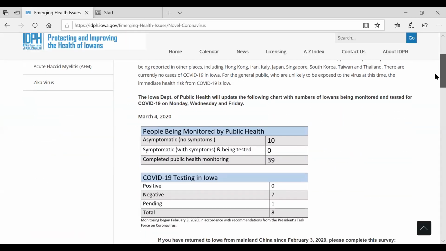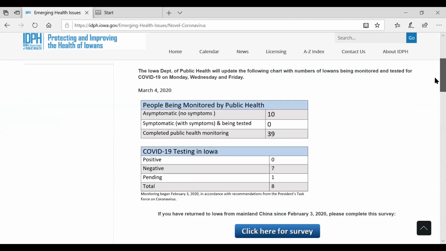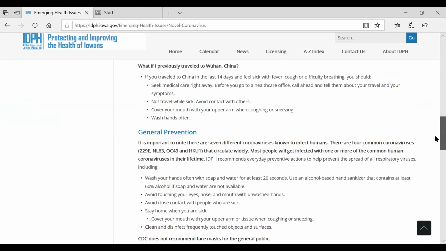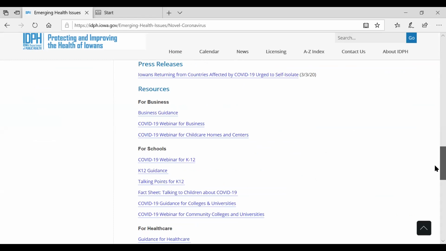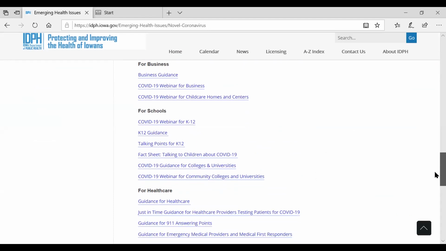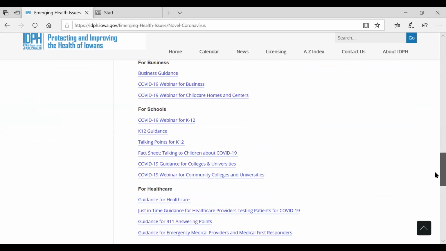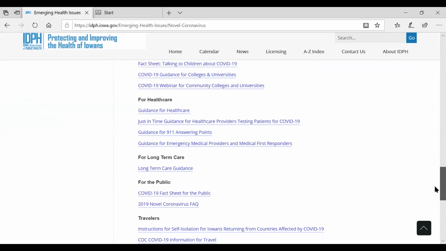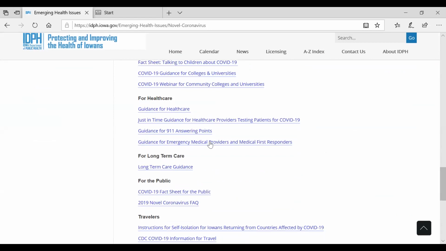You'll see where we have the numbers of people being monitored and tested. We also have some general information. And if you scroll to the bottom, we have all of the resources that we mentioned throughout our discussions today. So there's business guidance. I think I referenced that a little bit in our healthcare guidance. And certainly under the healthcare guidance is our guidance for EMS and PSAPs that Rebecca had referenced.